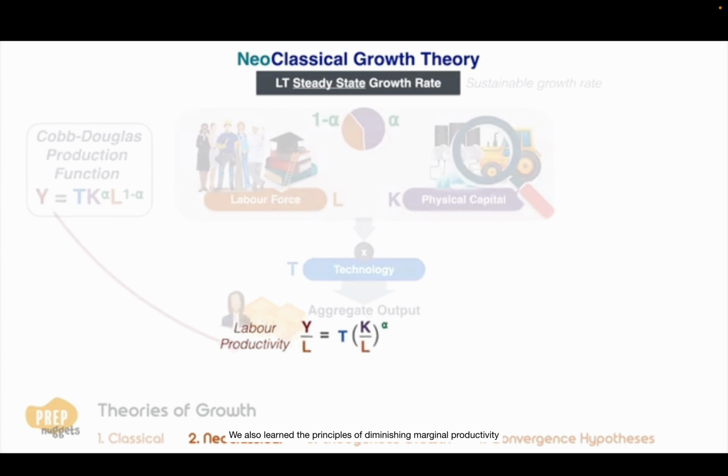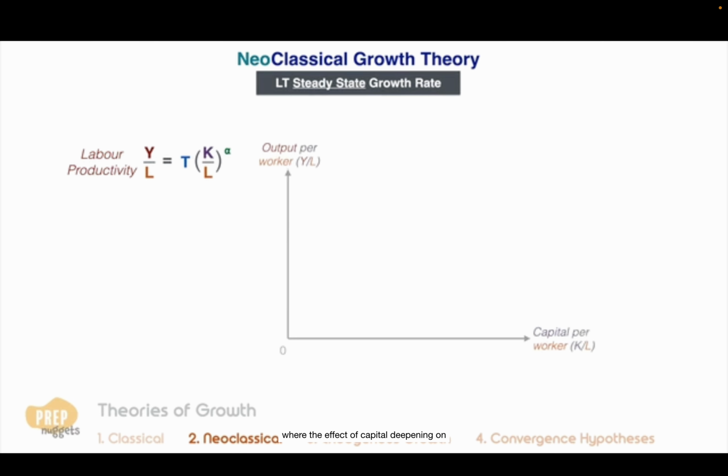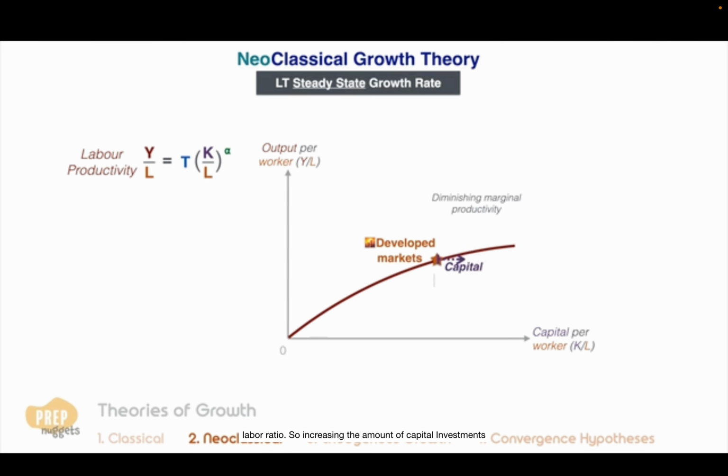We also learnt the principles of diminishing marginal productivity, where the effect of capital deepening on labour productivity diminishes further up the curve. Developed markets tend to already be at a high capital to labour ratio, so increasing the amount of capital investments may do little to increase labour productivity. Contrast that to developing markets which operate at a much lower capital to labour ratio.